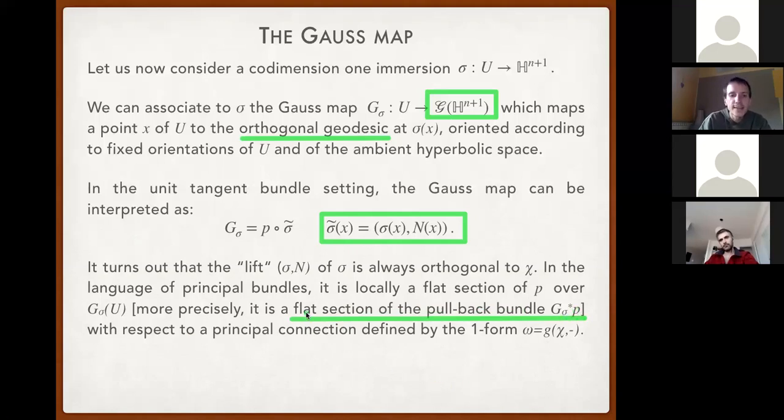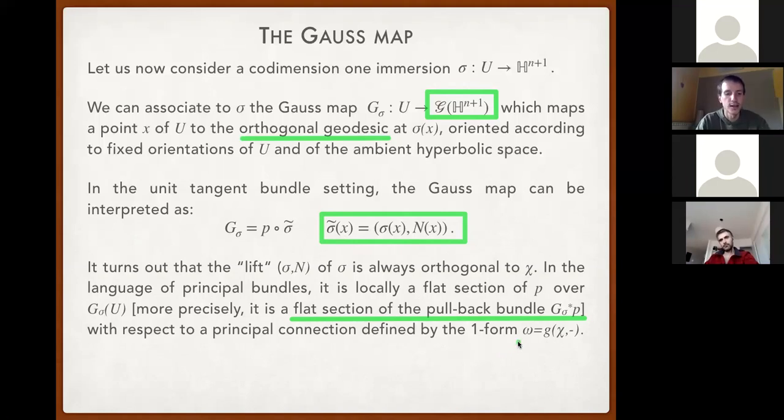Well, flat is with respect to a principal connection on our principal bundle. And what is a principal connection on the total space of a principal bundle? In general, this is a one form with a sort of equivariance property. But here, our principal bundle is very simple. The group is just R.